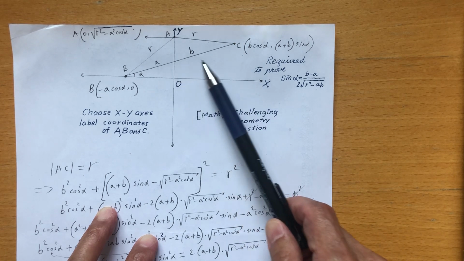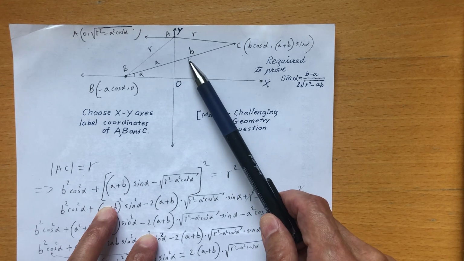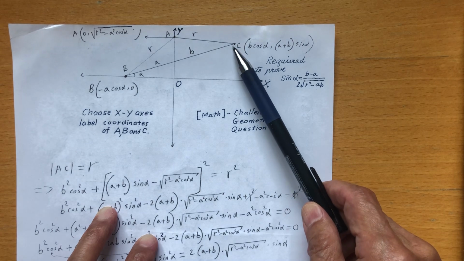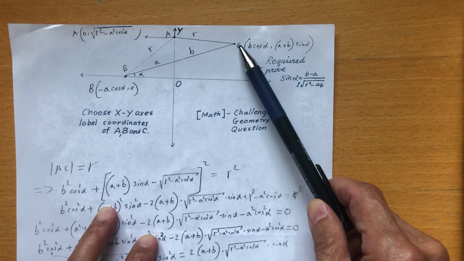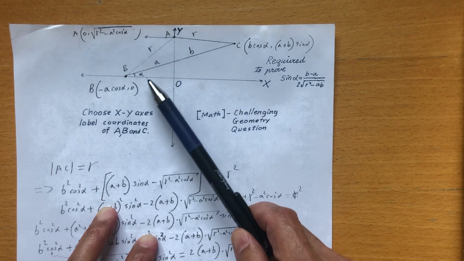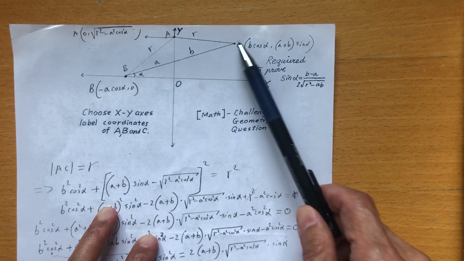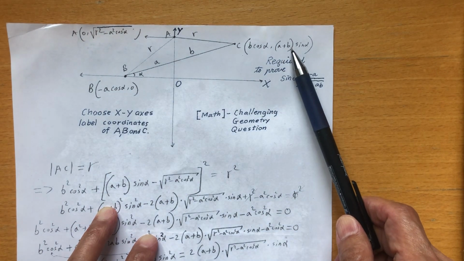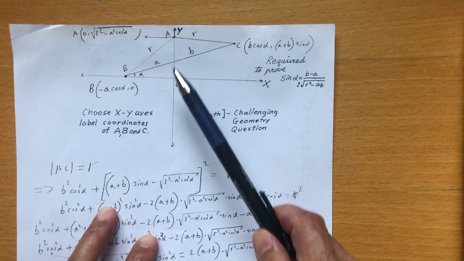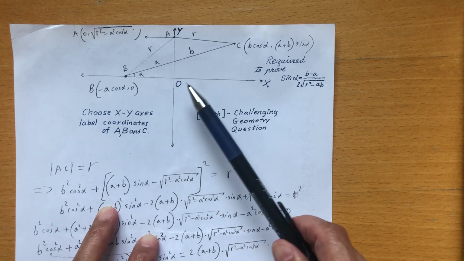So this is the x coordinate, which should be B cosine alpha. And what is the y coordinate? Point C, the y coordinate is this side times sine alpha. This side is A plus B. So it's A plus B times sine alpha. So we have the coordinates of points A, B, C.